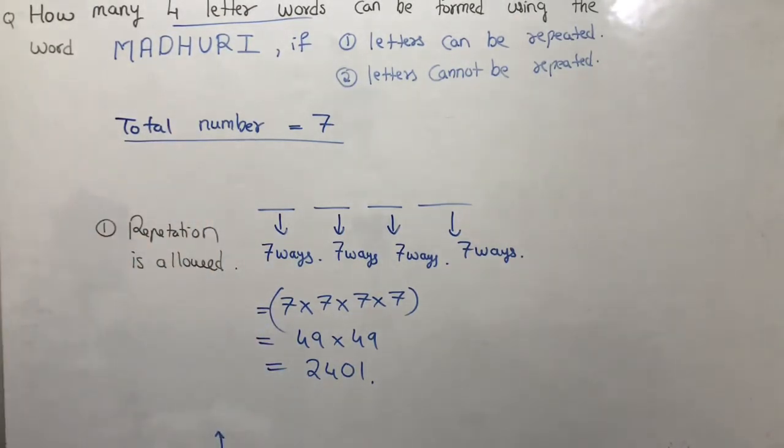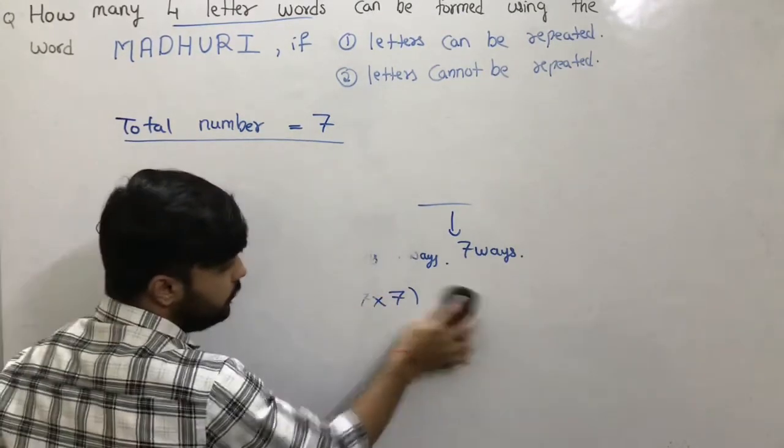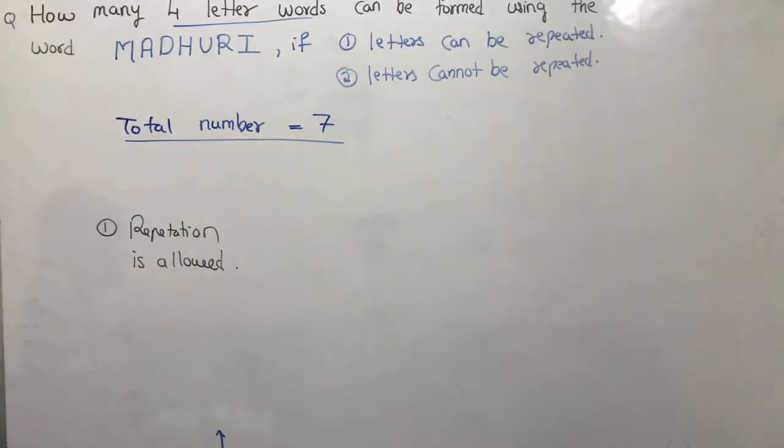Now the second condition. You have to form 4-letter words from these 7 letters, but letters cannot be repeated. So repetition is not allowed in this case.